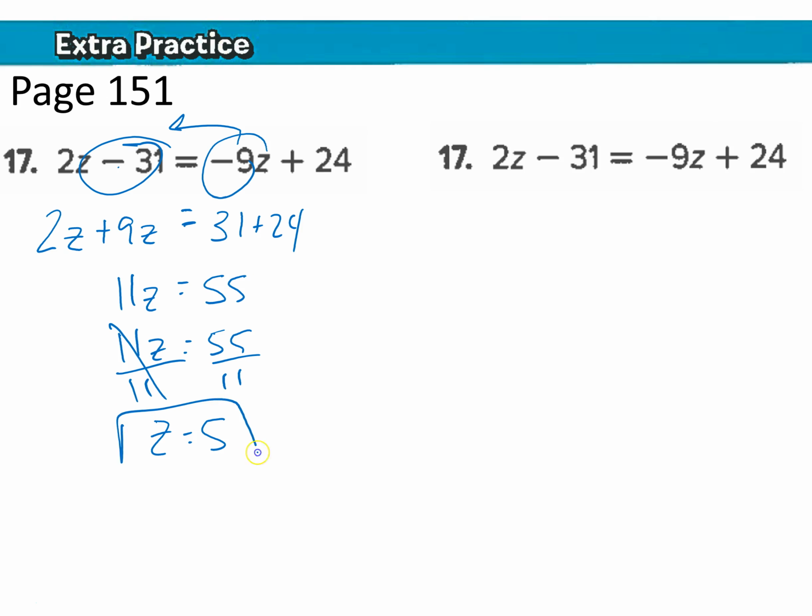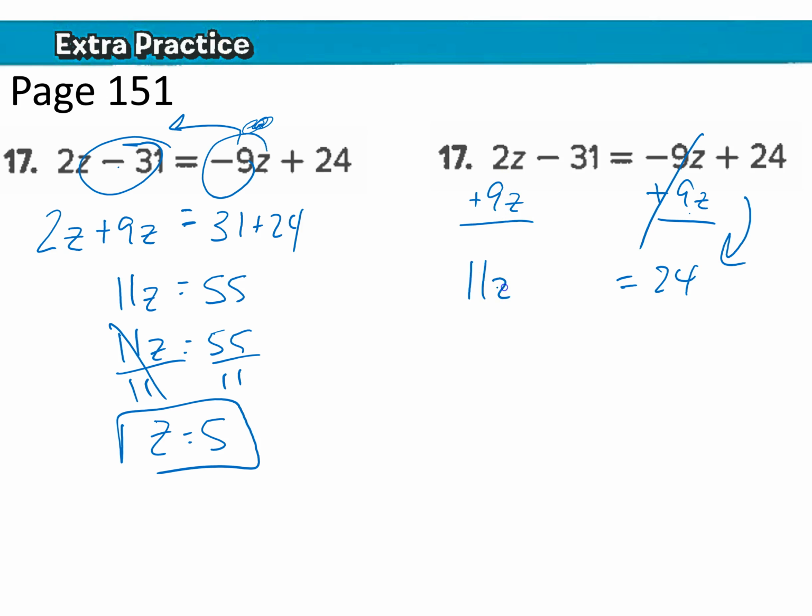Same thing with our other method. Just like I added 9z over here, I'm going to add 9z. But remember, you can only add the z's with the z's and the constants with the constants. I can't put that 9z here because they're not like each other. So 24 comes down. 11z minus 31.